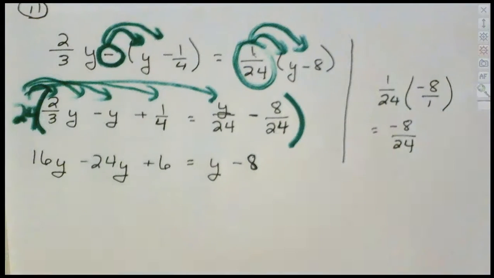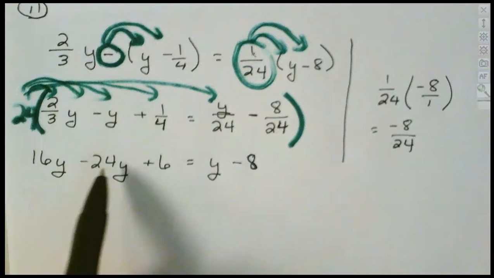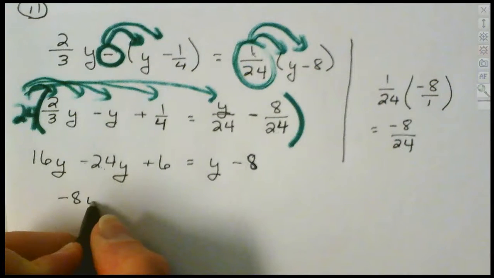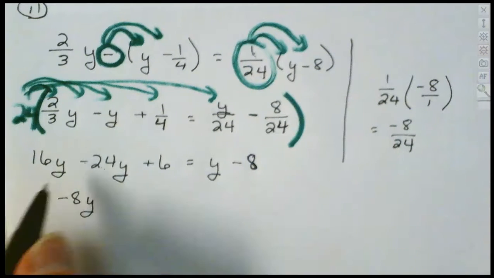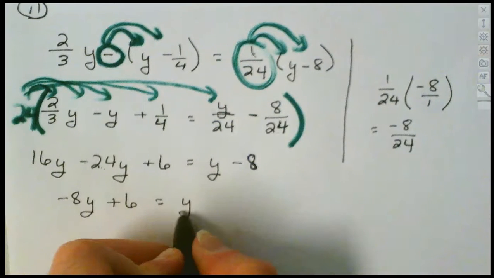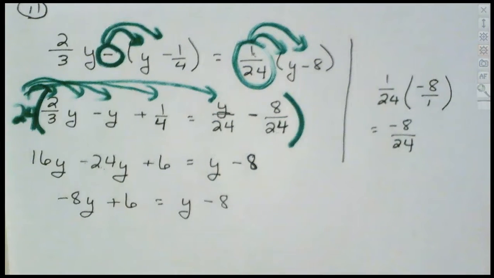Now we're going to work on the left-hand side, and we're going to clean it up a bit. So we've got 24 and 16, and that should be an 8 there. And which one's larger? 24, it's negative. So that's going to be a minus 8y. And then we've still got the plus 6, and that equals y minus 8.